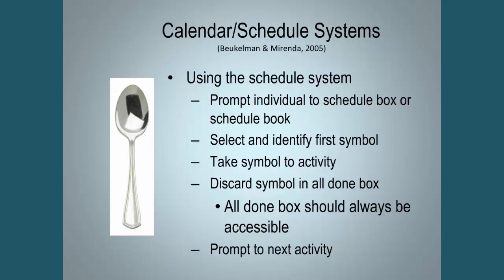They do the first activity, they've eaten their breakfast, and then they take the spoon, the symbol, not the same one they've eaten with, to the all done box and put it in, all done, and then you guide them back to the schedule box or schedule book and to pick the next activity.